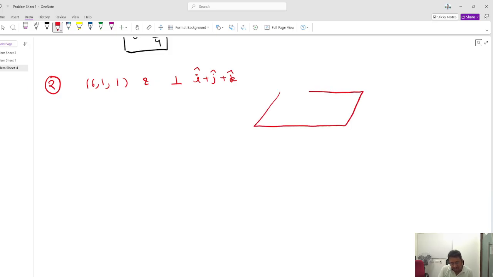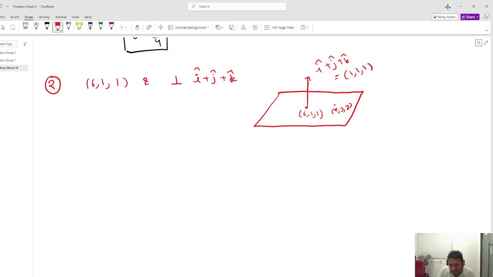Say you have a plane, and you have some point here. Say this is in particular 6 comma 1 comma 1, and you take some arbitrary point. And you have this vector hanging, which is orthogonal, so i cap plus j cap plus k cap, basically component-wise 1 comma 1 comma 1.